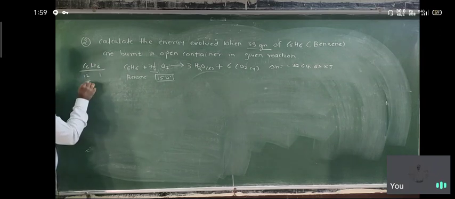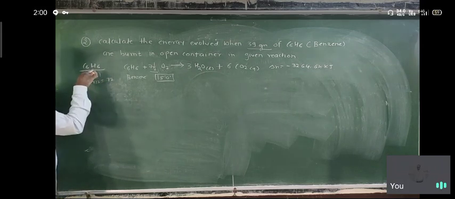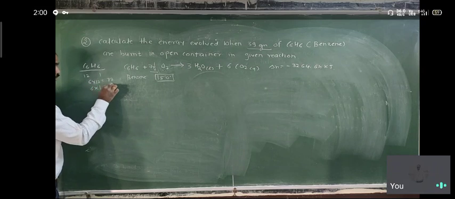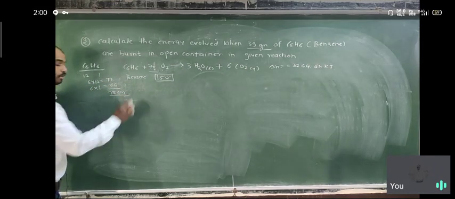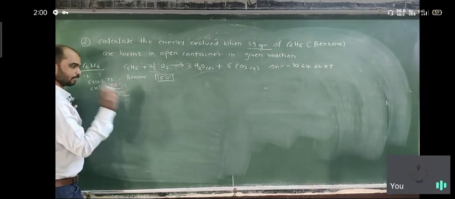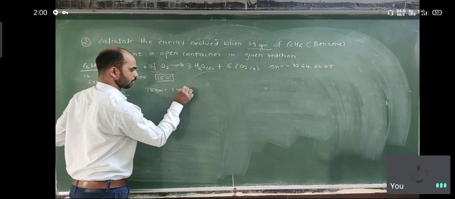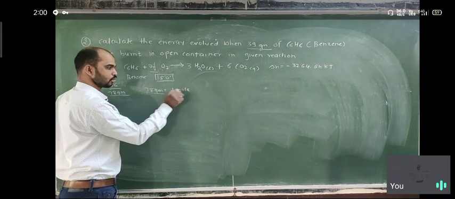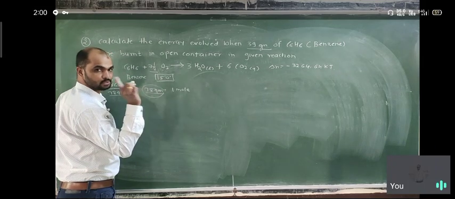So 6 into 12 is 72 gram of carbon in C6H6, and 6 hydrogens with atomic weight 1 give 6, so the total is 78 gram. The molecular weight of benzene is 78 gram, and the gram molecular weight is equal to 1 mole.